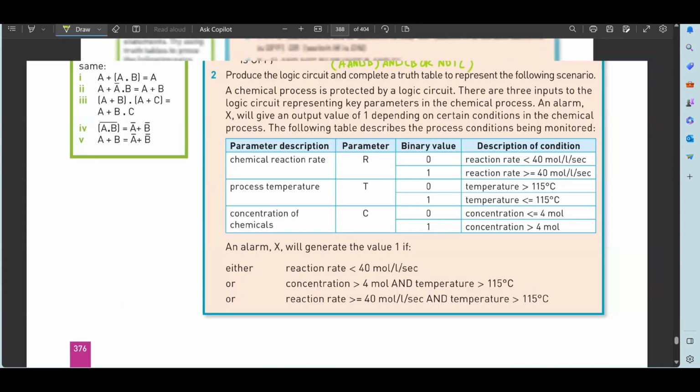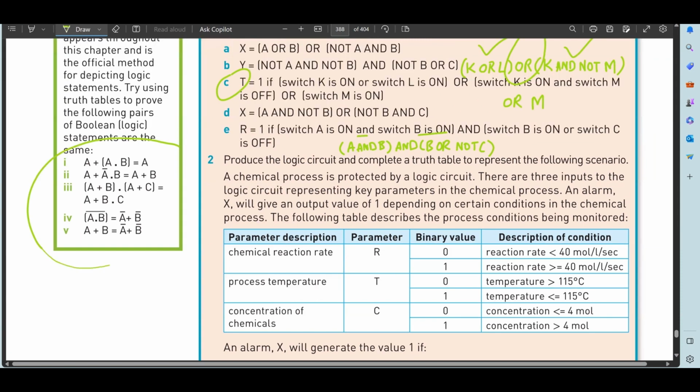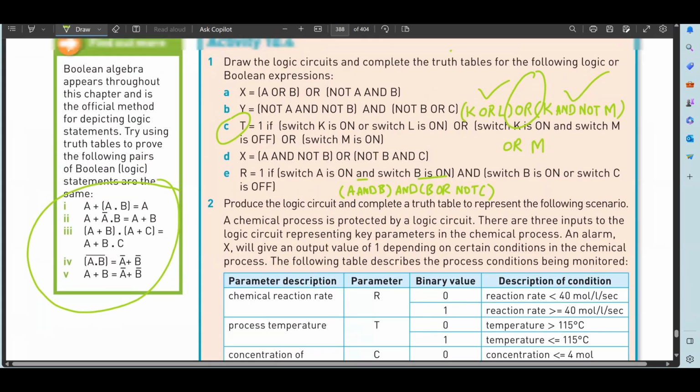Look here. He's trying to prove that A plus A dot B is equal to A only. Okay, the second part, the third part, then the fourth part. In A levels, you try to practice these categories of questions, but not here. But he can ask you, because this is just an activity of performing the truth table.